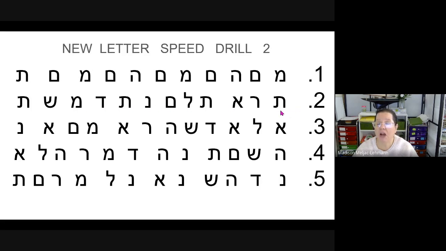Okay, line 2: tav, resh, aleph, tav, lamed, final mem, noon, tav, dalet, mem, shin, tav. Line 3: aleph, lamed, aleph, dalet, shin, hey, resh, aleph, mem, final mem, aleph, noon.